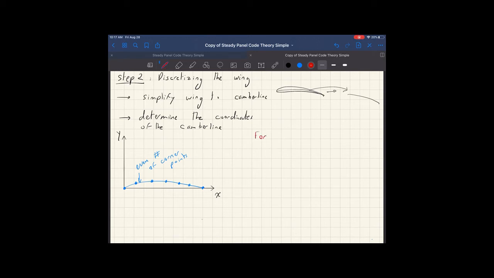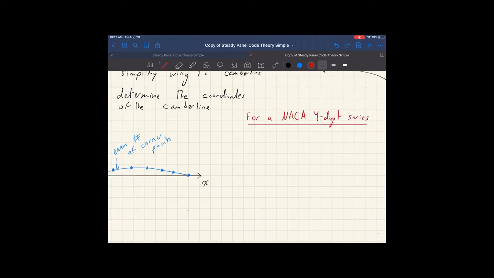So let's say you want to model a NACA 4-digit series airfoil, which are one of the most typical airfoils used in general. So here, the equation set for the y coordinate of the camber line can be expressed as the following.